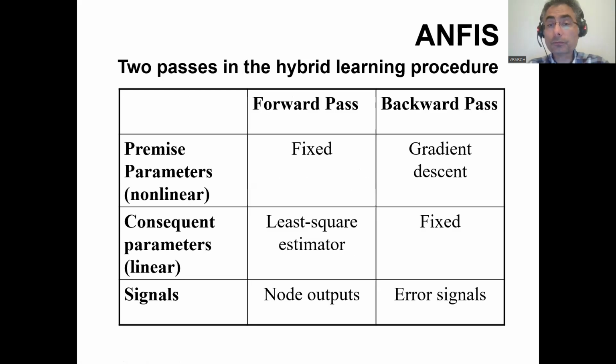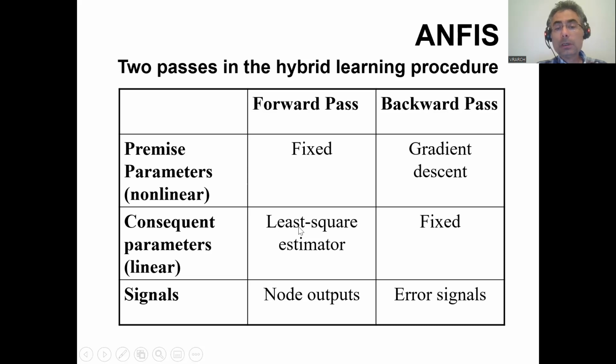How is it calculated? The if part is called the premise part, which is nonlinear. This is fixed, so you don't change it, but you use gradient descent or the backpropagation method to learn it.